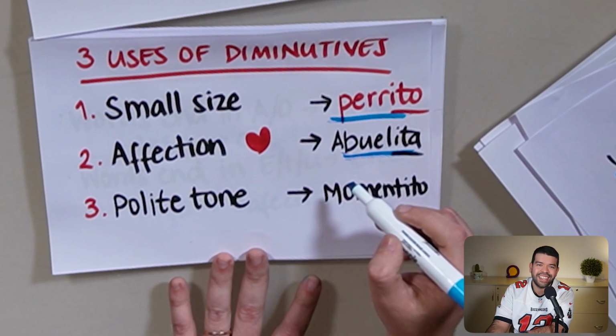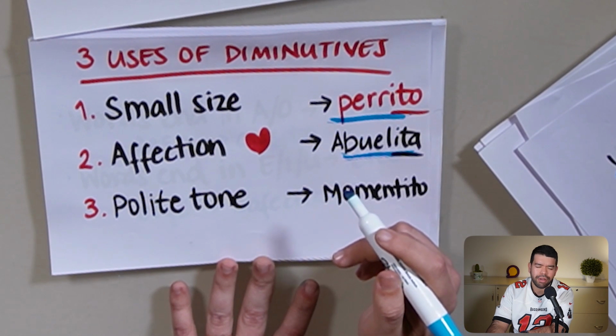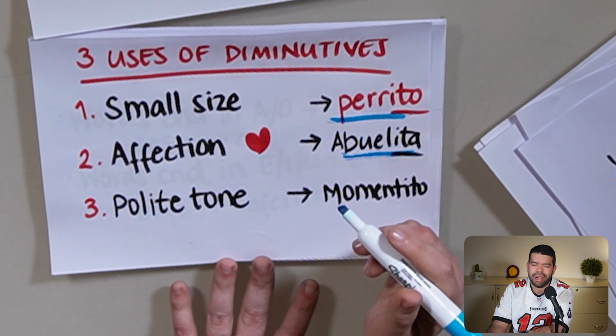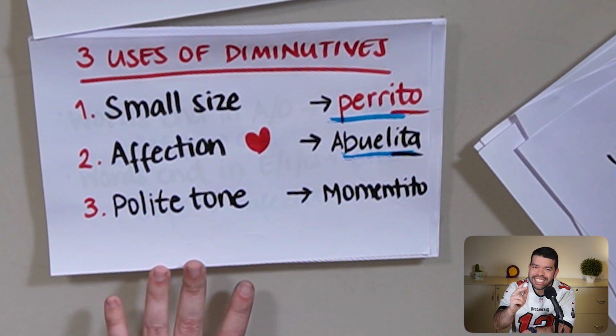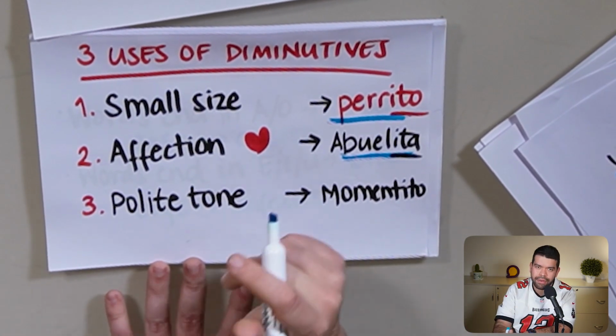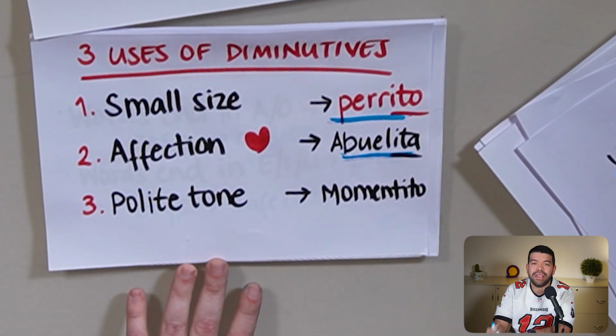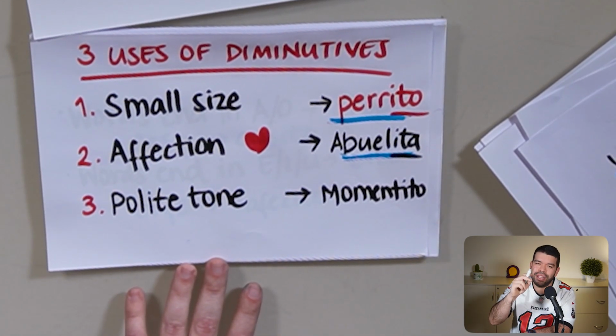So cute. Instead of abuela, we wouldn't say abuela. That's heartbreaking for my grandma, horrible. And it has nothing to do with her size or the size of your grandparents. Even if they're not small, that doesn't matter. Because we love them. Because we're speaking with affection and we use diminutives.